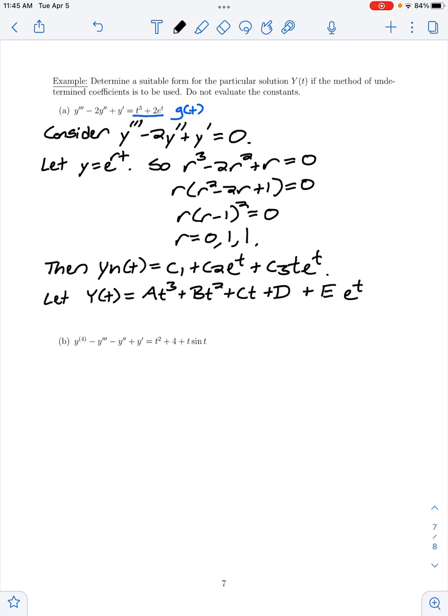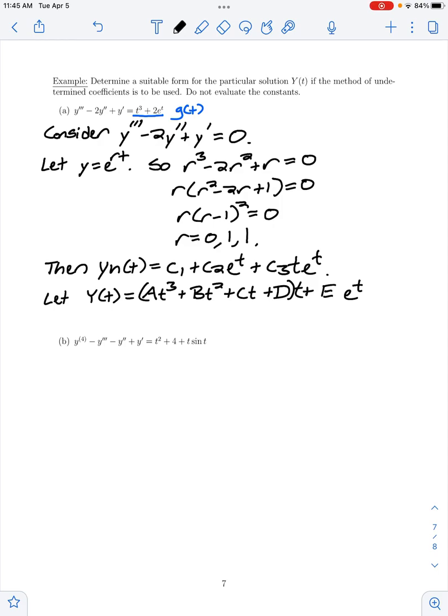Now when we compare these terms with our homogeneous solution, we see that since 0 was a root of the characteristic equation, one of the terms in our homogeneous solution is a constant. So we need to take our third degree polynomial, which involved a constant d on the end, and multiply by t to the first power.